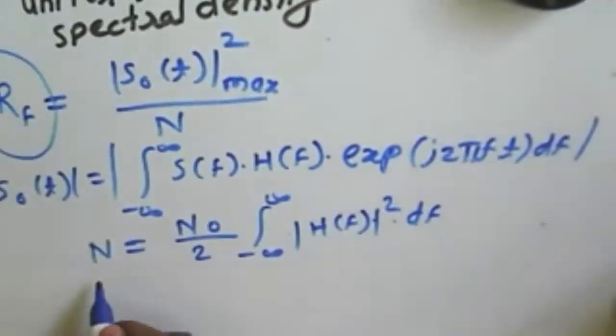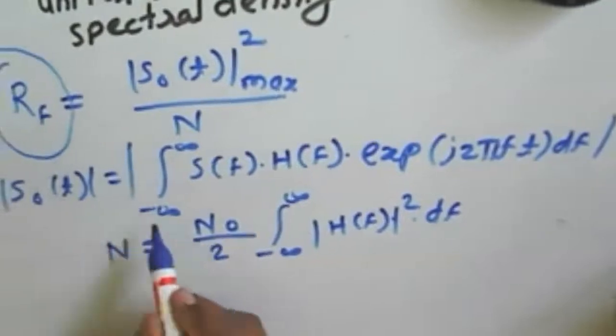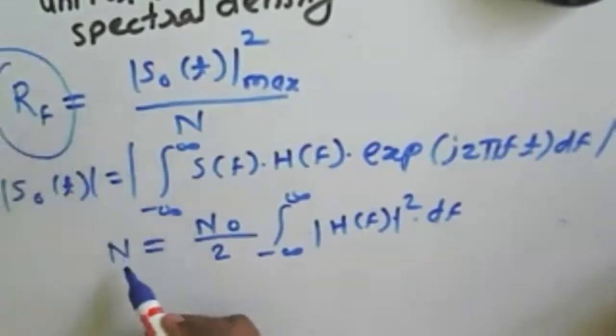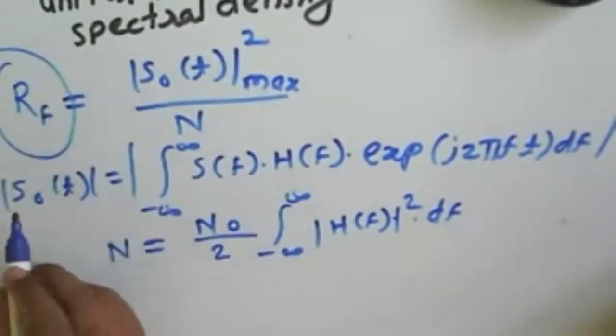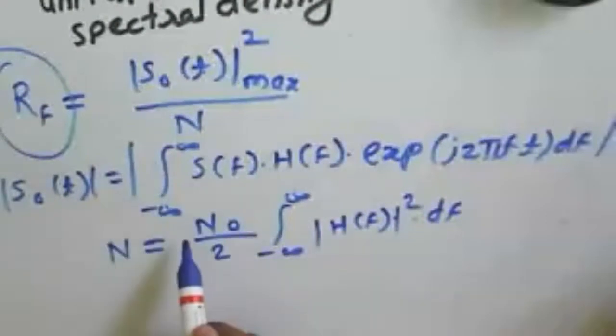So we can substitute here in this R of f. So we'll get R of f equal to S0 over n0.